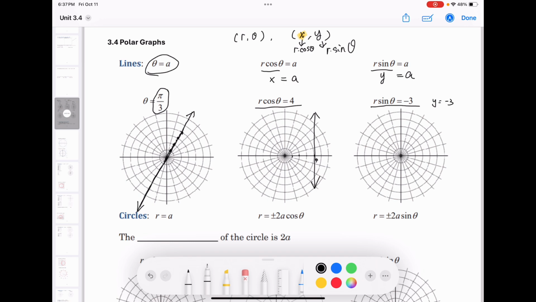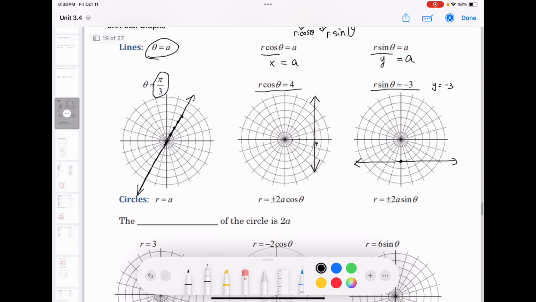So on the rectangular coordinates, the xy plane, let's find y is equal to -3. -1, -2, -3 is the point here. It's a horizontal line, which has the y value -3. It doesn't matter what the x value is. The y value is -3.